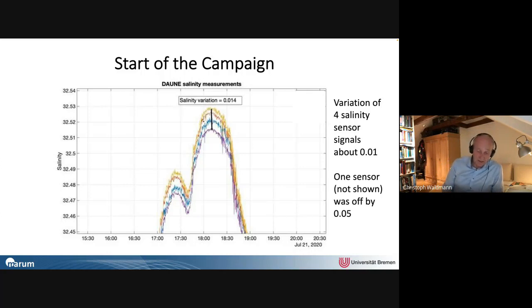It shows that conductivity measurements still have some issues, and that might be related also to the way we handle the conductivity cell. Maybe we should have kept them wet. We let them dry out and then deployed them. Maybe that was the issue. So there's something to investigate here.